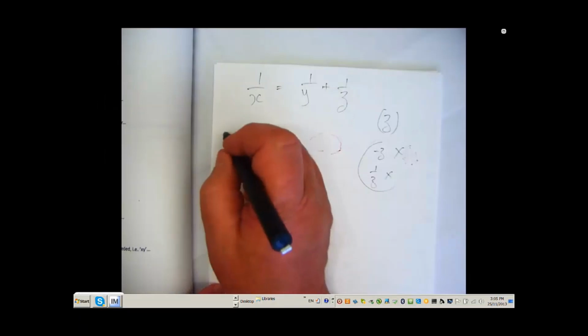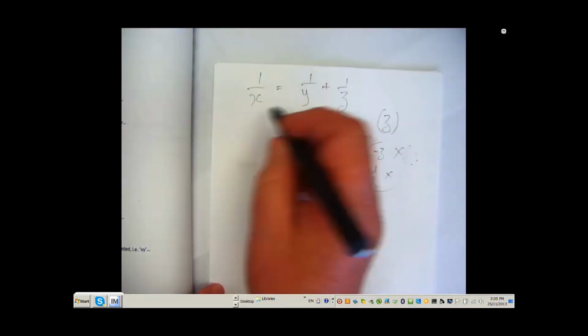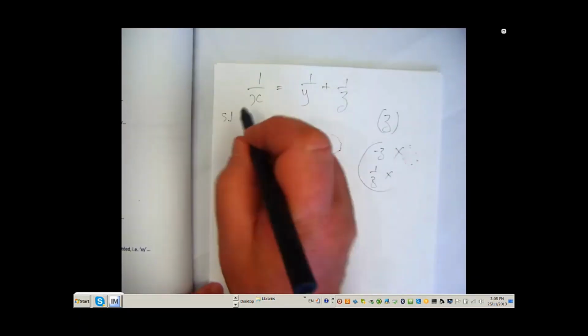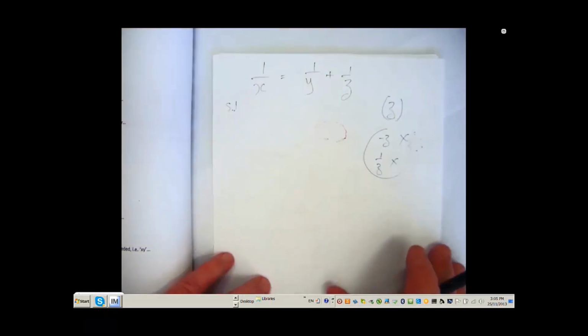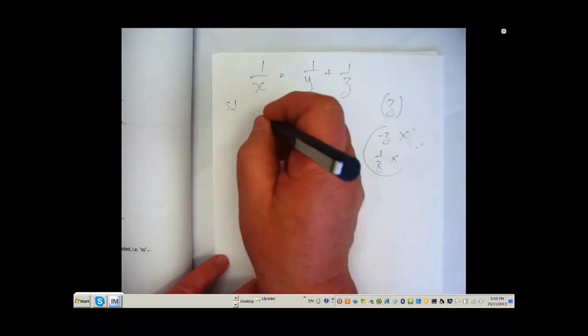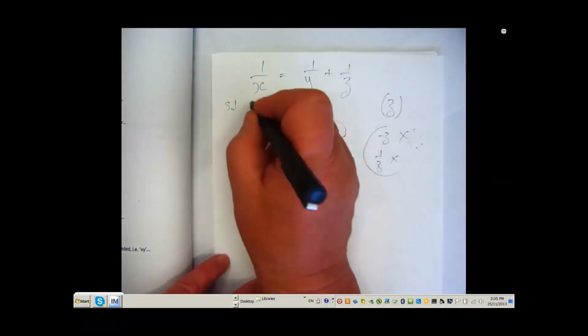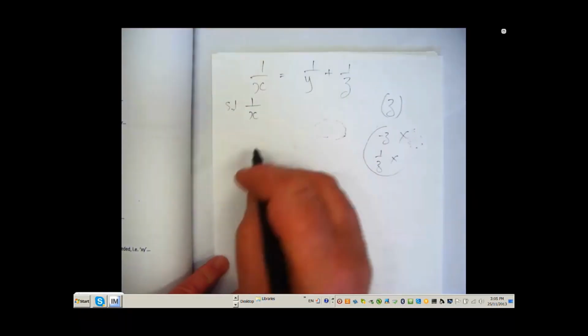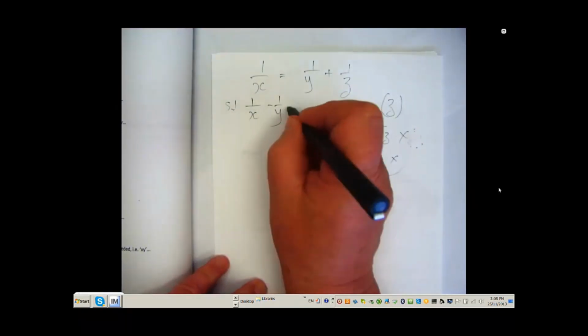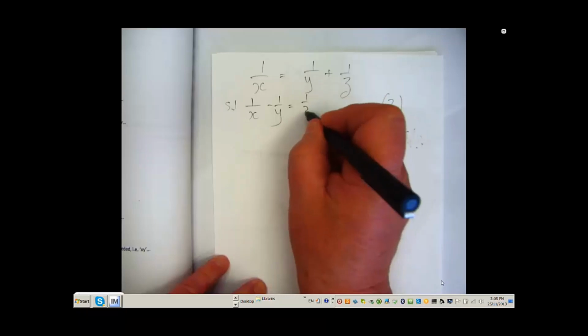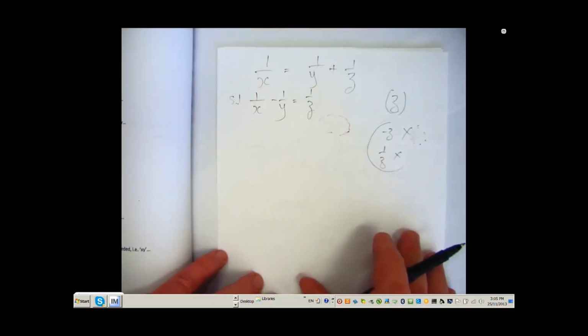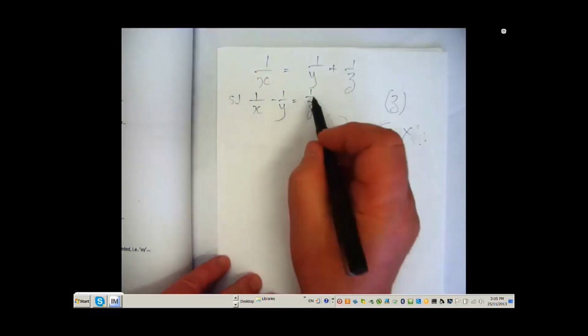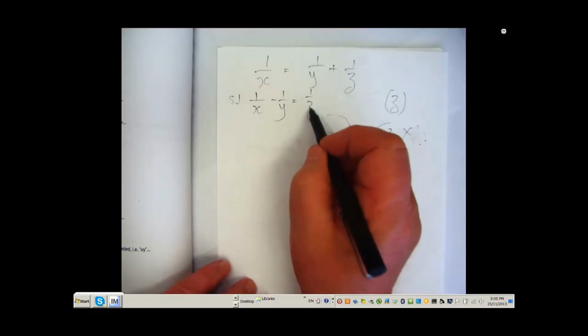So what we have to do here is to get this first of all by itself. So what I would do is this. Step 1: 1 over x minus... I'll take this across using the rules that we've had before, and I've got at least z by itself now.